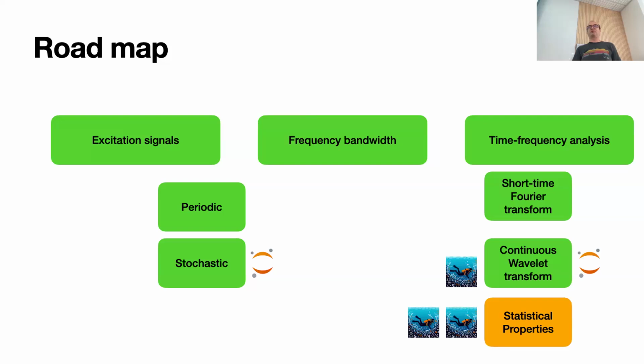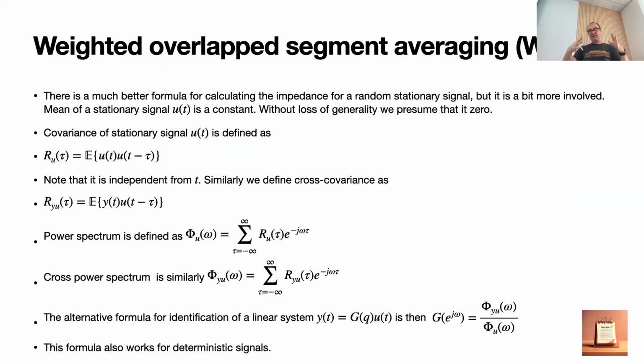The impedance calculation that I'm using for these statistical random signals is based on a methodology called weighted overlapped segment averaging, or WOSA. It is an approach developed around 1992 for system identification.